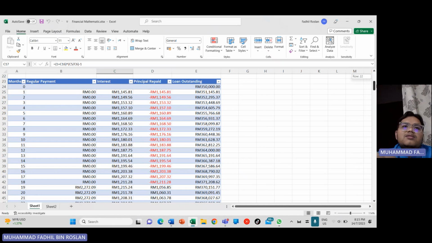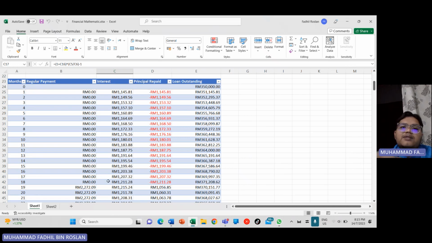This is the table showing how Alia wants to pay the loan. For the first 18 months, the regular payment is 0 but the interest is increasing.